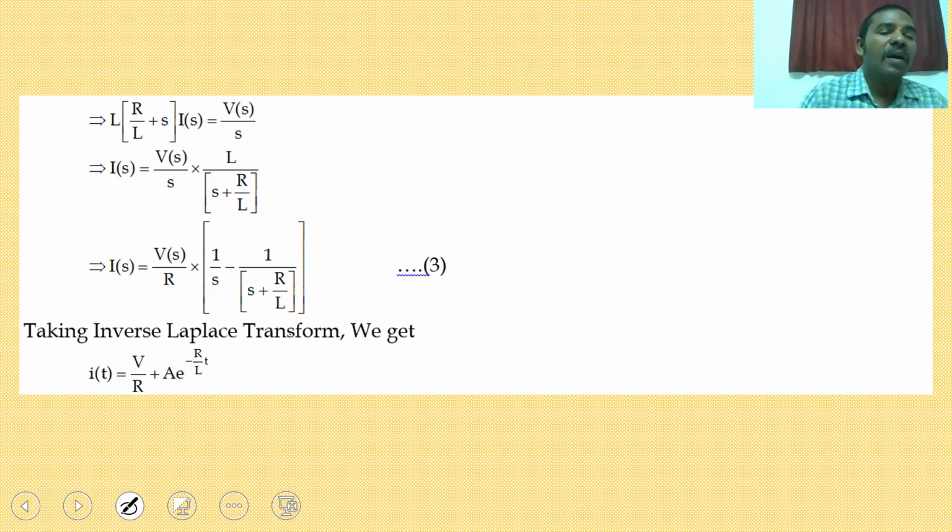You can get I of t is equal to V by R plus A e power minus R by L into t. The value of A will be minus V by R only. Do you understand this?